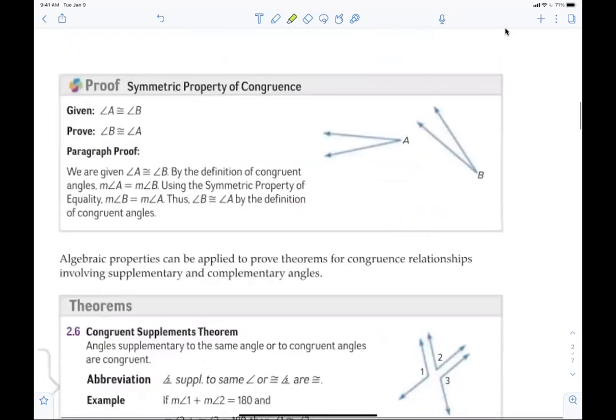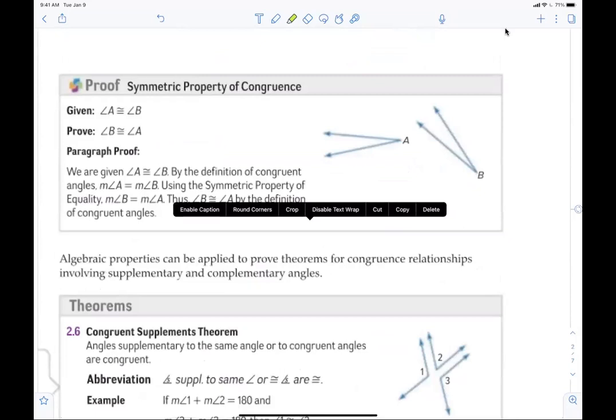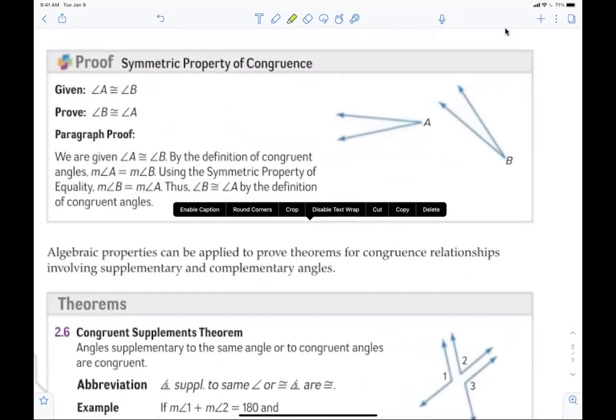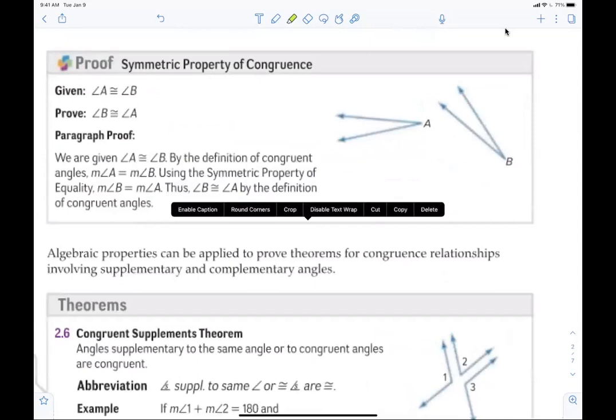All right. Now, just to show you, in my opinion, how silly this is, everybody read this with me: the proof of the symmetric property. Here's a mathematician's logic. And again, to me, I used to just write on my paper, common sense. But there is a proof for this.